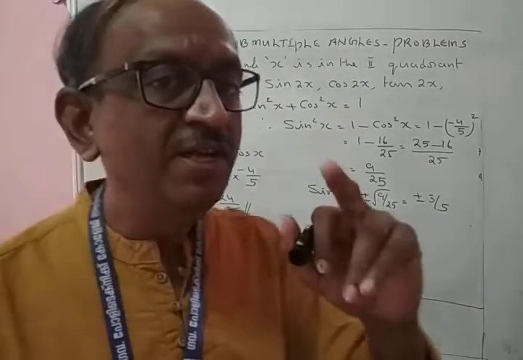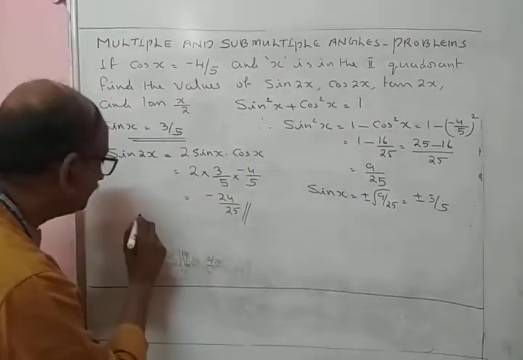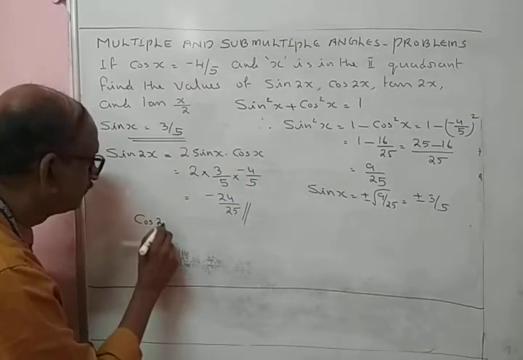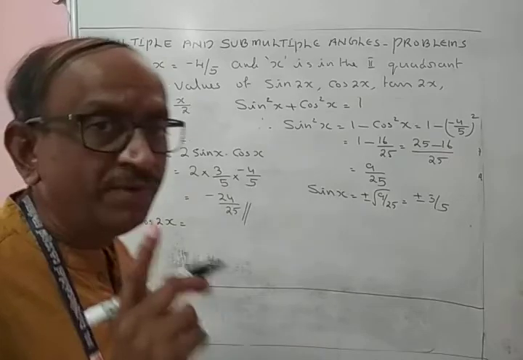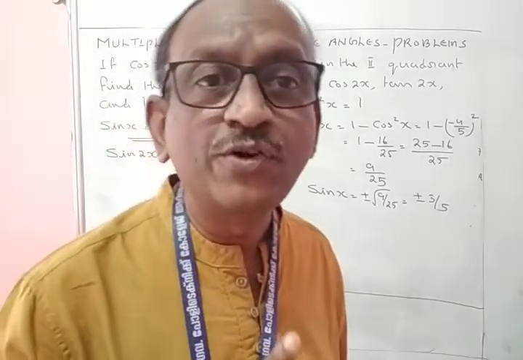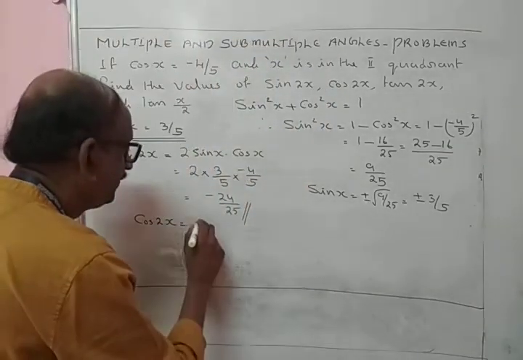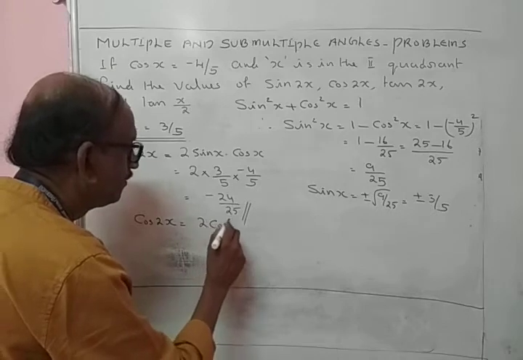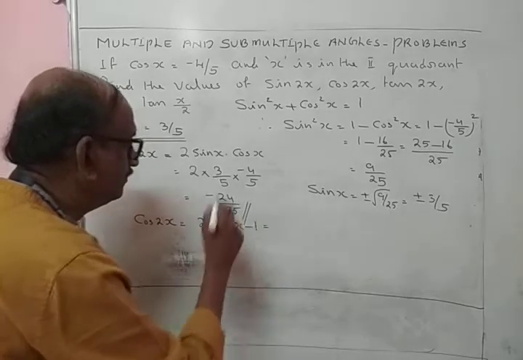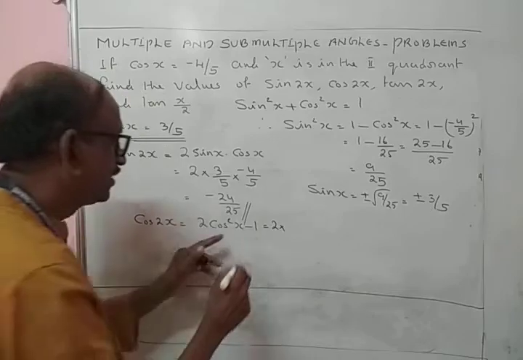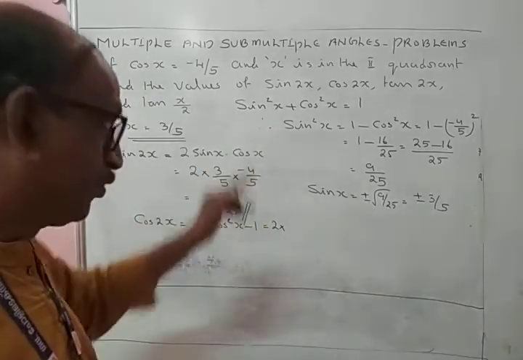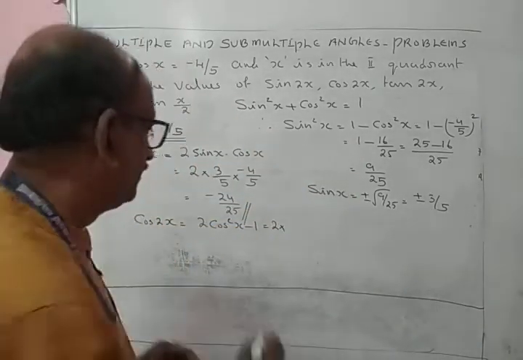Next, find the value of cos 2x. Formula for cos 2x is 2 cos squared x minus 1. Cos x is minus 4 by 5. Cos squared x is 16 by 25.